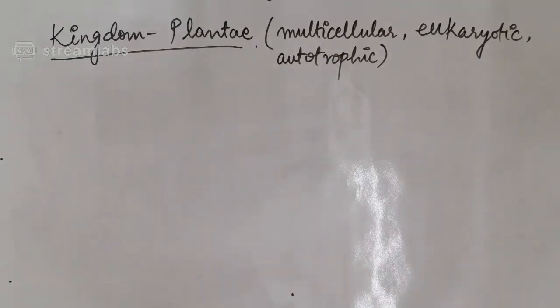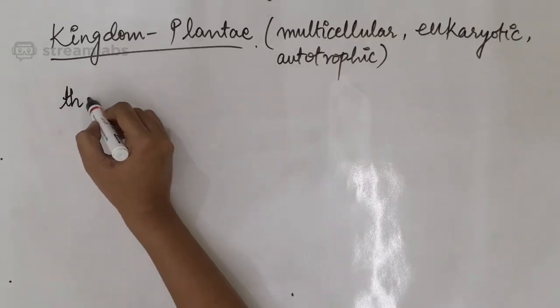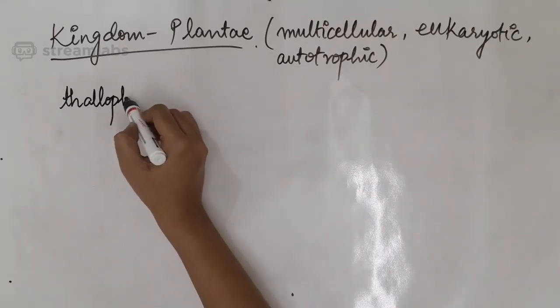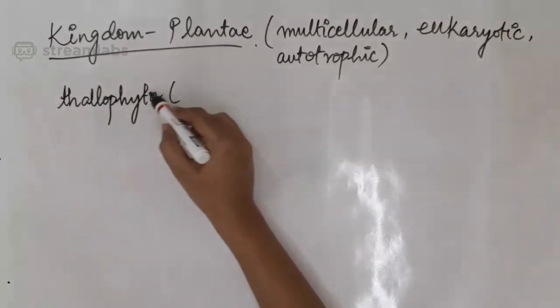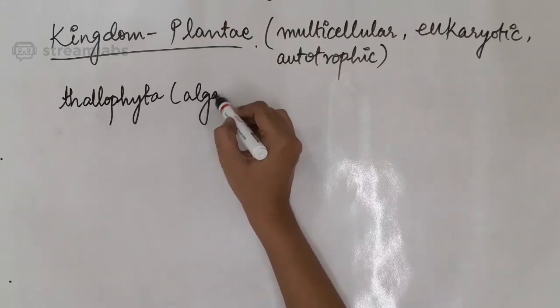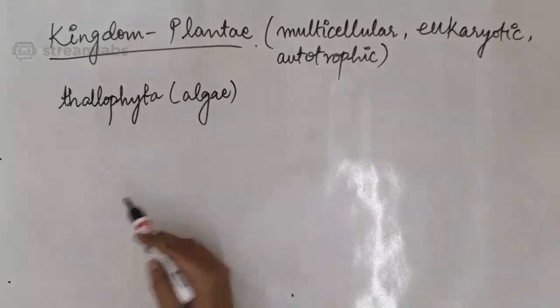Autotrophic, that is self-nourishing, plants include different types, divided into Thallophyta. Thallophyta, example, algae. Thallophyta means thallus-like structure.